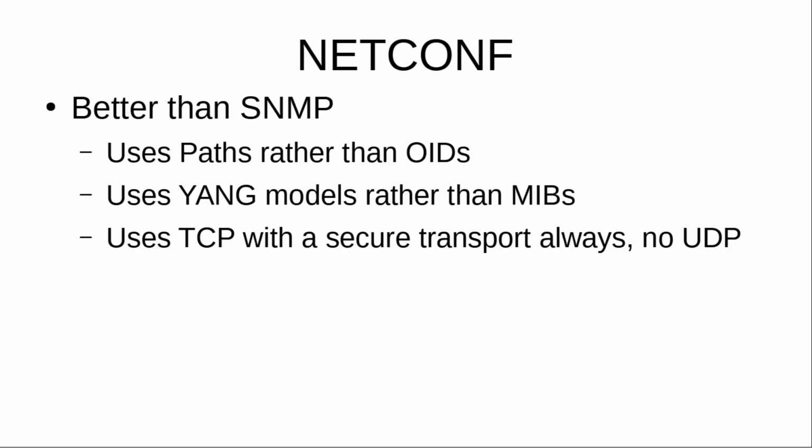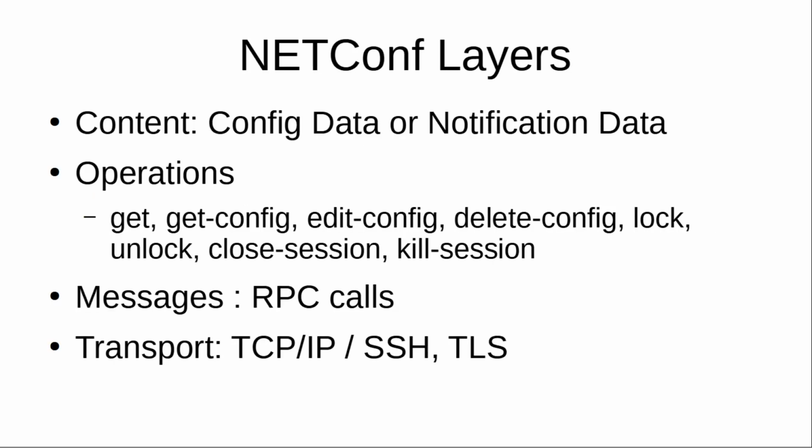In this sense, Netconf is better than SNMP because it uses Yang paths rather than OIDs. It uses Yang models that are easier for humans to read than MIBs, and it uses TCP with a secure transport always. Going into the details of the Netconf standard, it establishes that Netconf has several layers.